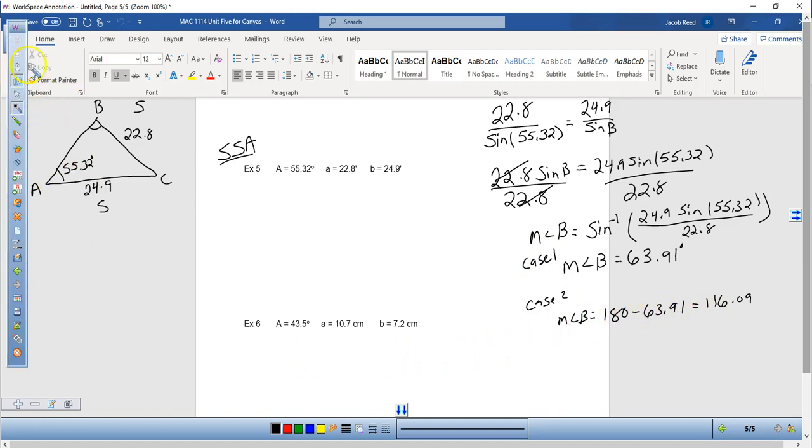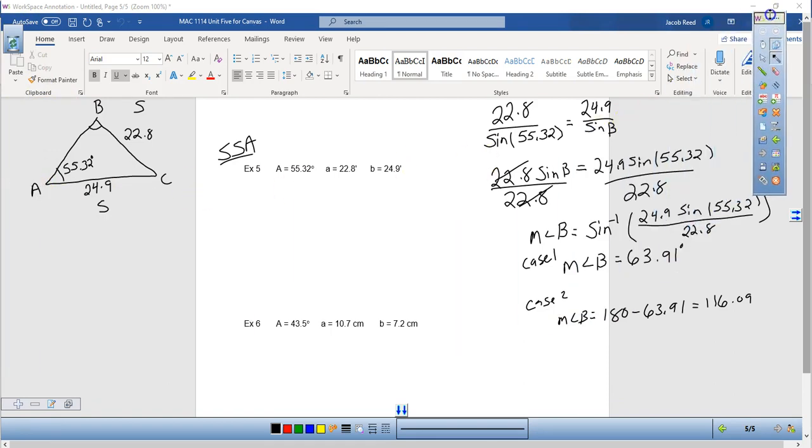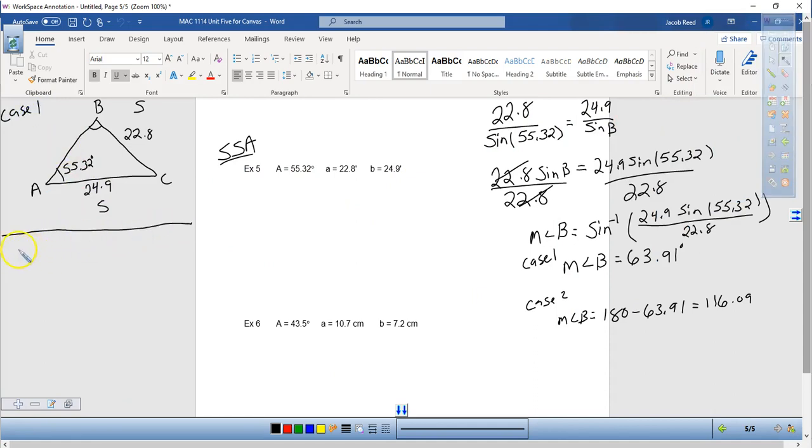So what I'm going to do is I'm going to move this thing out of the way first. Put it up here. This is going to be case 1's triangle. And this down here is going to be case 2's triangle.